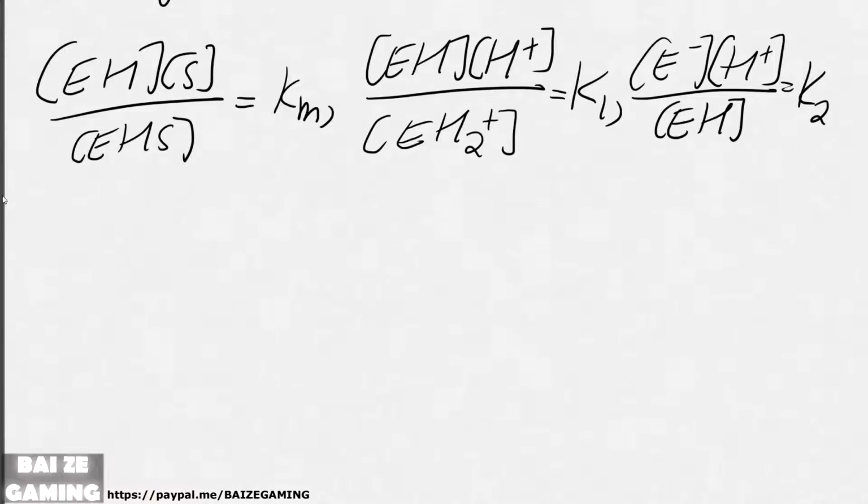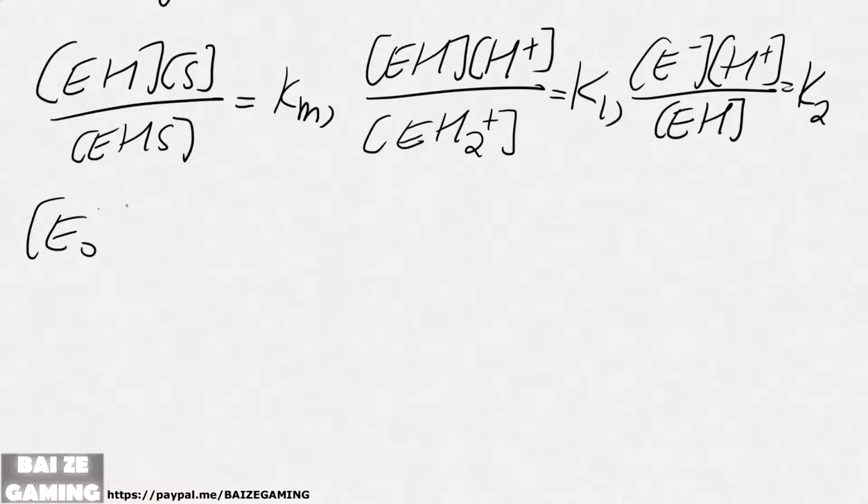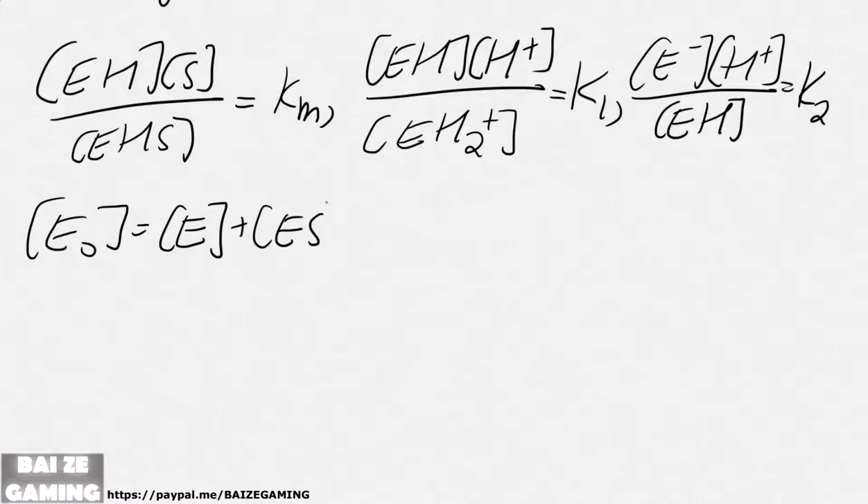And then we can write the enzyme conservation equation. Whoops. Actually, in this case, we don't have ES, it's E minus. So sorry, that's going to be E minus, that's EH, because the notation here is a little bit different.